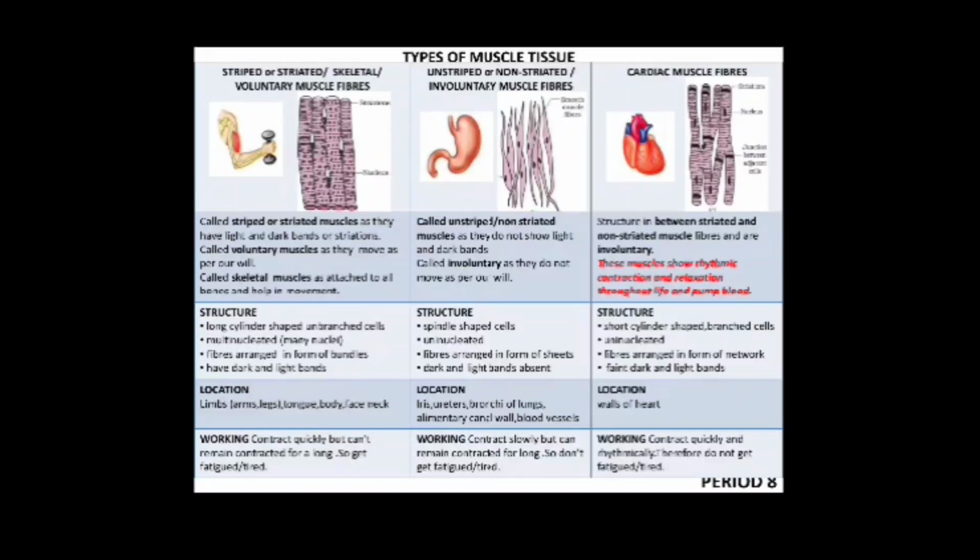The structure involves short cylindrical shaped branched cells which are uninucleated. The fibers are arranged in the form of a network. Faint dark and light bands are seen. They are found in the walls of the heart, and they contract quickly and rhythmically, therefore they do not get fatigued or tired.